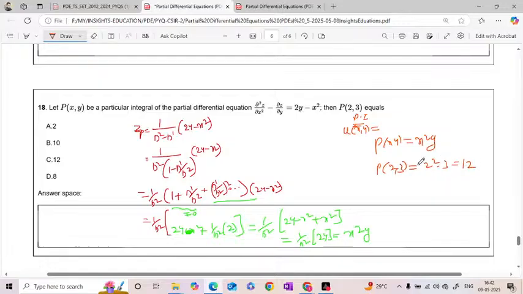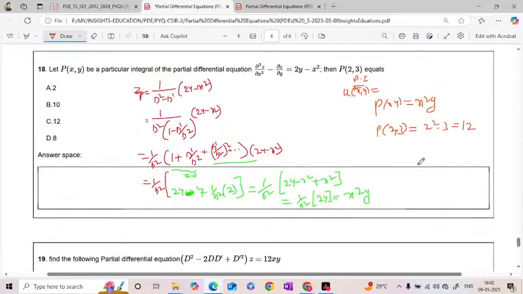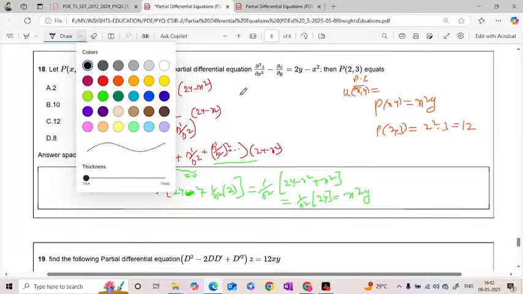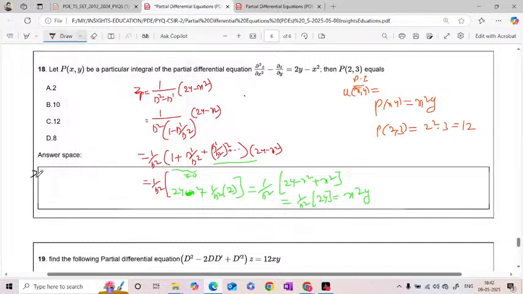This is one way. We have another way for finding the particular integral: zp is equal to 1 by d square minus d dash, of 2y minus x square. After separating, minus d dash of 1 minus d square by d dash, of 2y minus x square.